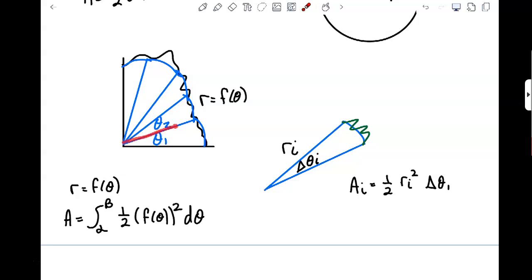But we're measuring the length from the center, the origin, out to that place. We're measuring that radial length as a function of theta. So there is our area formula, and we're going to look at using this in some upcoming examples.